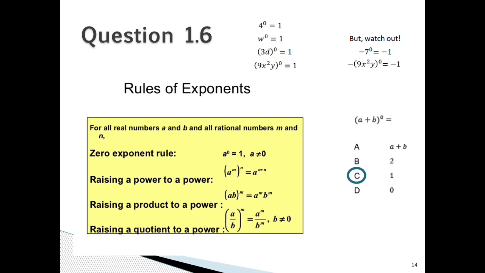For all real numbers A and B, and all rational numbers M and N, the zero exponent rule is A to the power 0 is equal to 1, where A is not equal to 0.